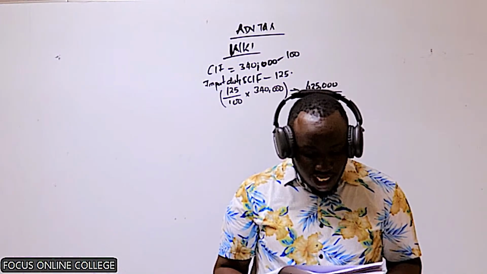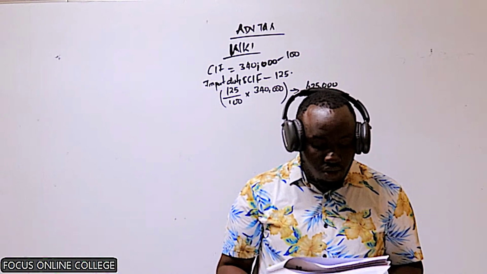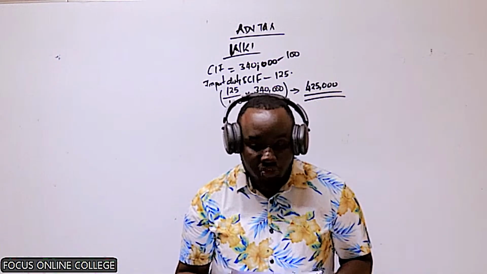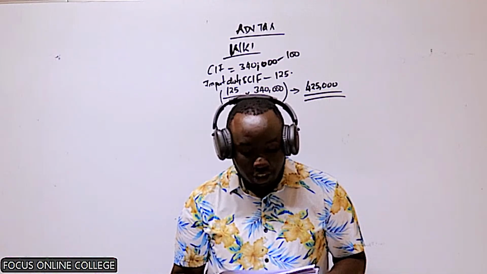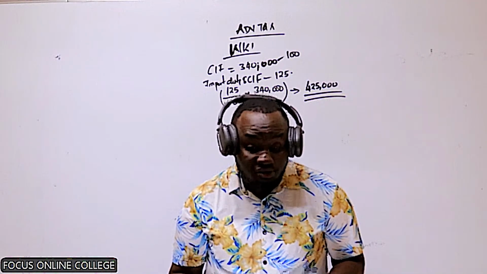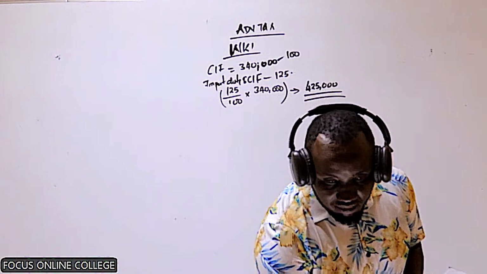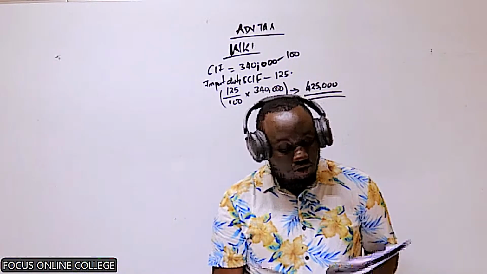Then we move to the next. On September 14th, we sold goods to a firm operating in Egypt for shillings 480.